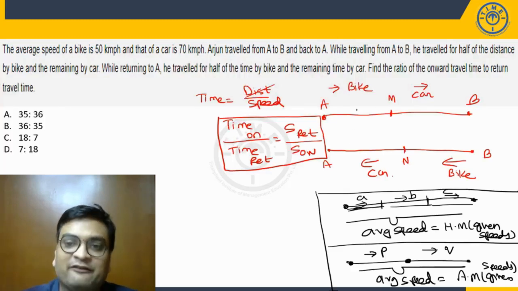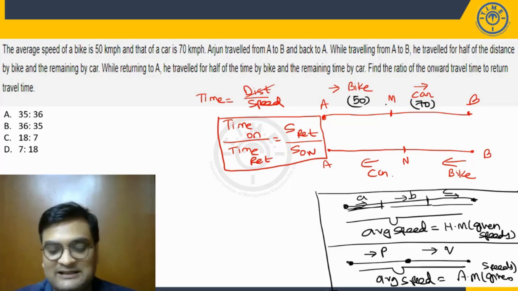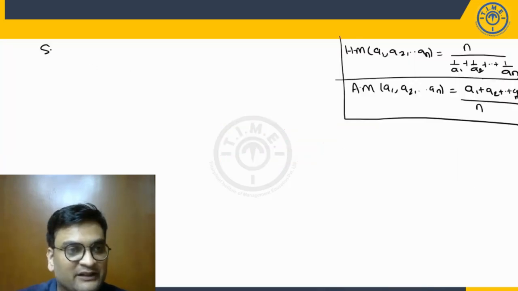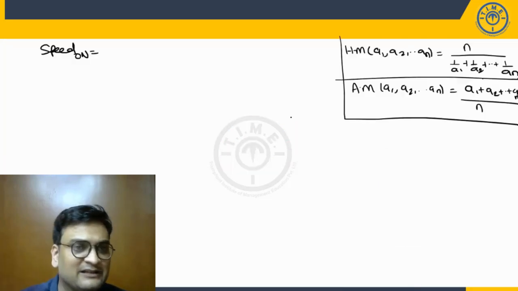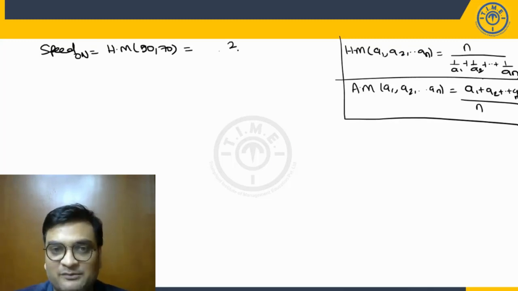Now here, while going forward, he travelled equal distances. The speed by bike is 50, and by car 70. So the speed for the onward journey is the harmonic mean of the given speeds. The harmonic mean of 50 and 70 is 2 upon 1 by 50 plus 1 by 70.